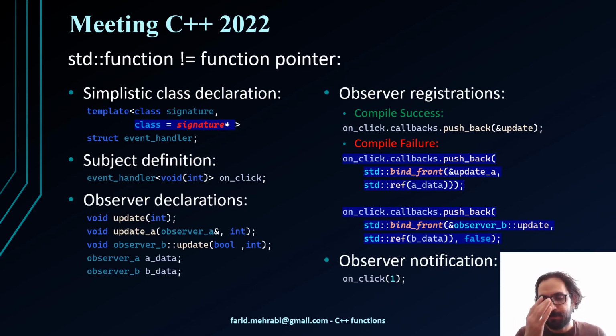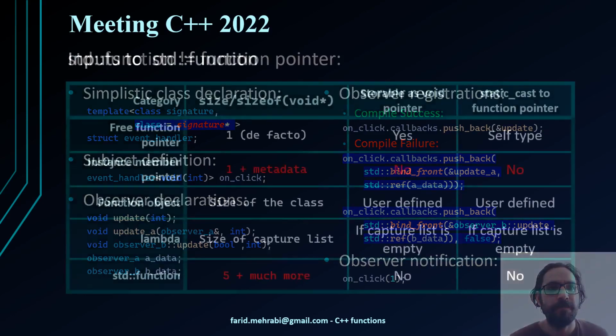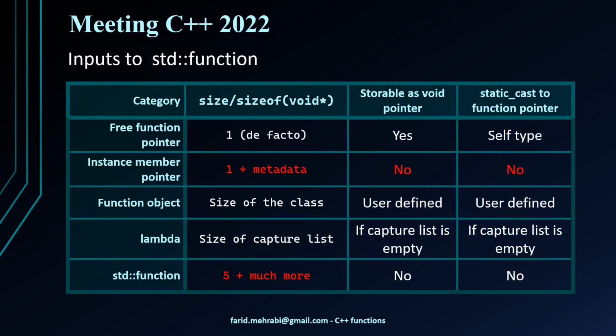That's because function pointers are not std::functions. We will see different kinds of functions in C++ in the next slide. The std::function is capable of erasing the types of 4 general classes of callables. The first type is free function pointer, the C-style function pointers.